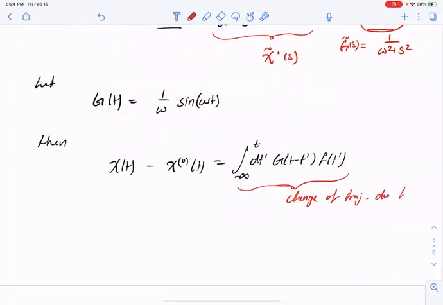And it is linear in the force with a kernel that it's convoluted with, this g, that is denoted g because it is called the Green's function. Or, in the language we've been using statically, the response function.